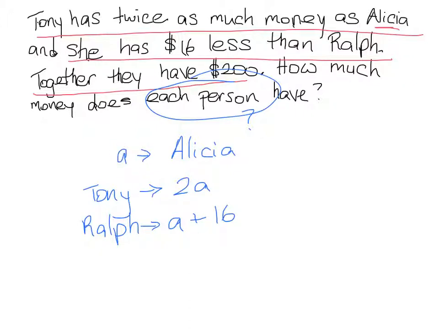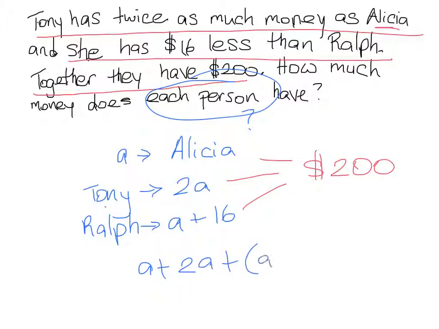All right, so together, all three of them have $200. When you add up all three amounts, you get $200. So A, which is Alicia's amount, that does not look like an A, so let's fix that. All right, so A plus 2A plus A plus 16. Where am I getting these things from?